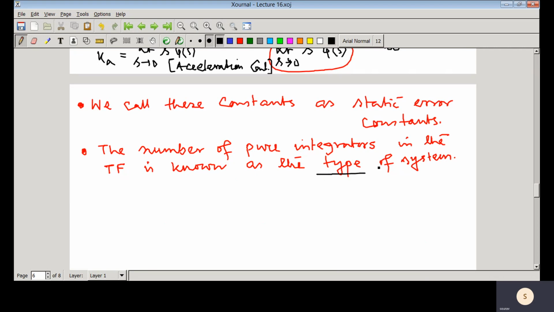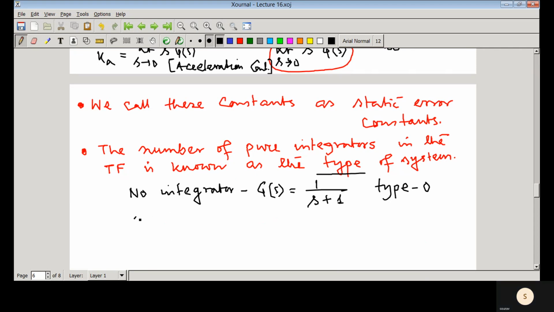So this is very important. For example, no integrator: suppose you have a transfer function G(s) equal to 1 by (s plus 1). There is no integrator, no pole at the origin, so this transfer function is called a type 0 transfer function.